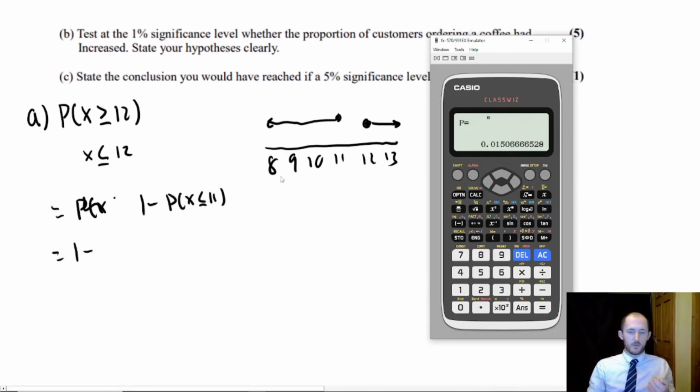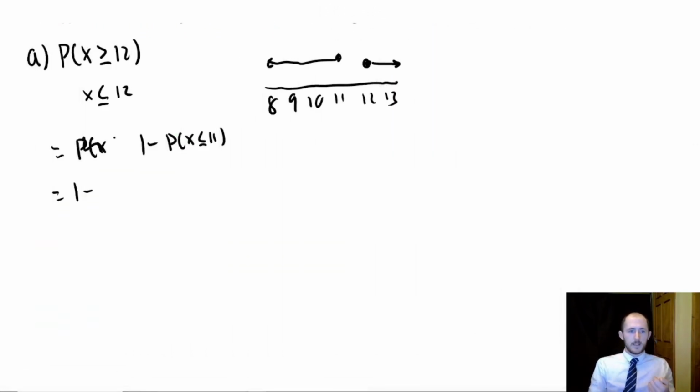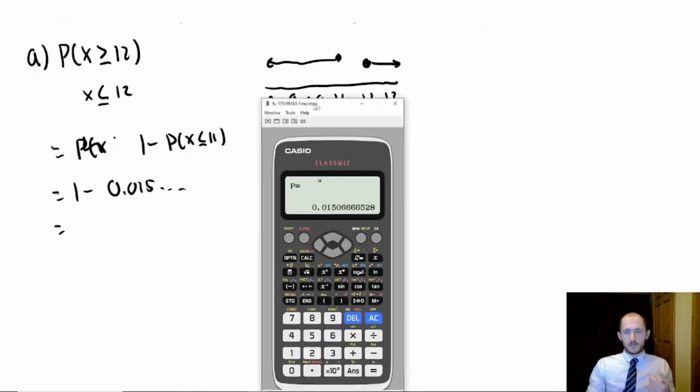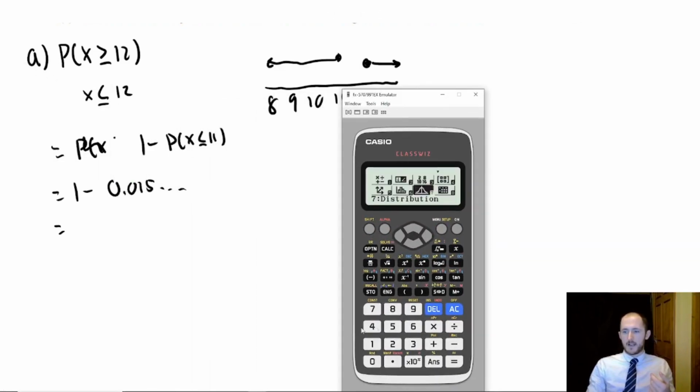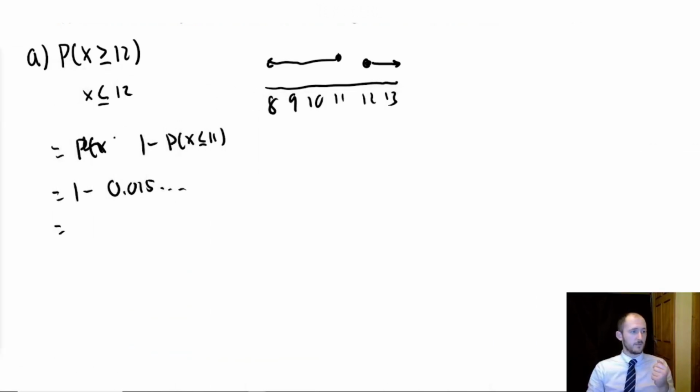And that's 0.015 and so on. Now again, you can just use a little trick to go menu, go back to calculation, which is option number 1, and do 1 minus answer, and you can get your actual value. And I'd recommend doing this to 4 decimal places, because that's what they tend to ask you for. So 0.9849.